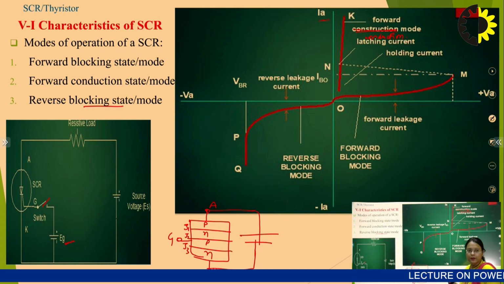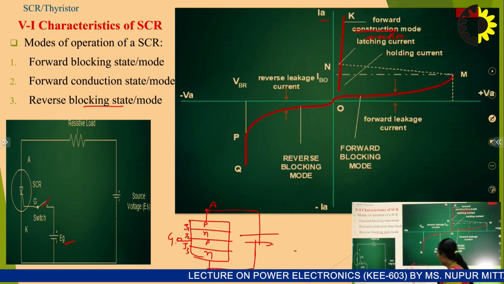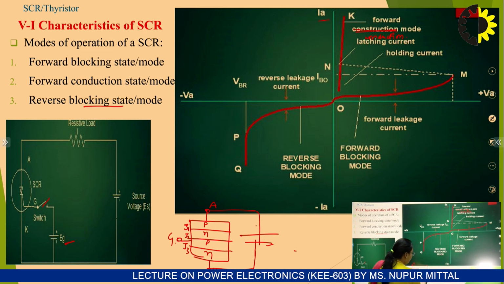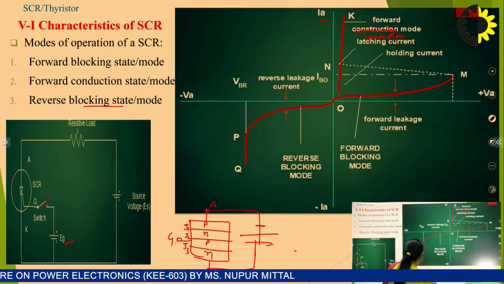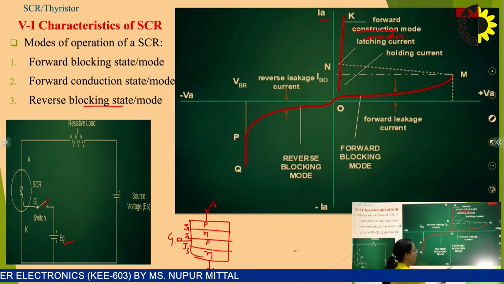When there is no supply between the gate and the cathode terminal, we apply a reverse voltage between the anode and cathode terminal.